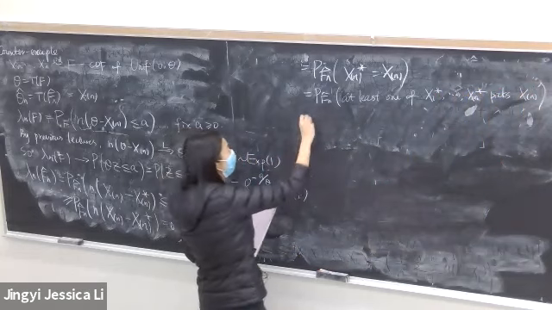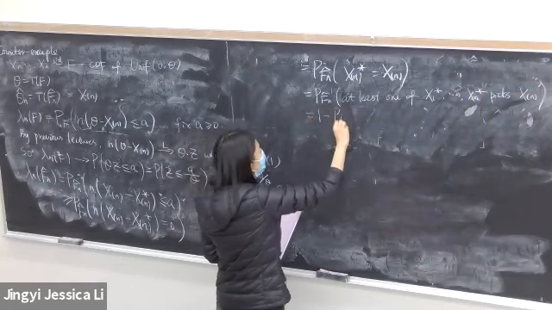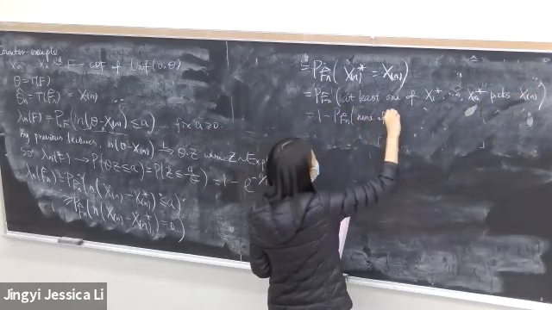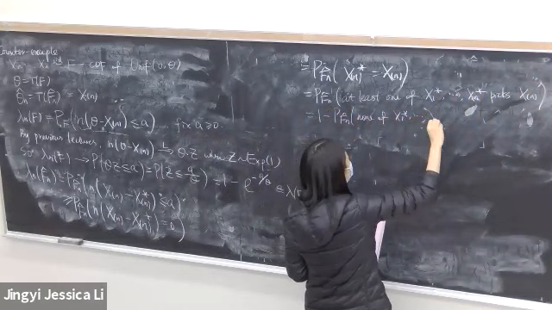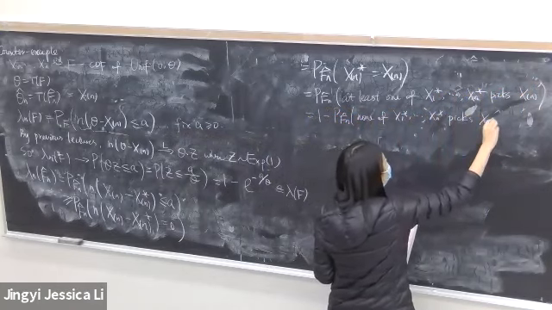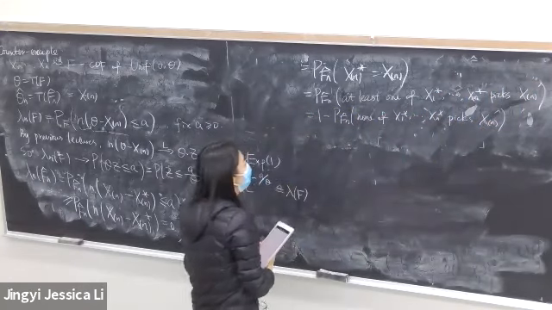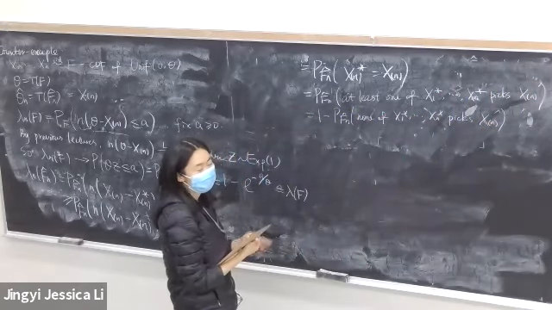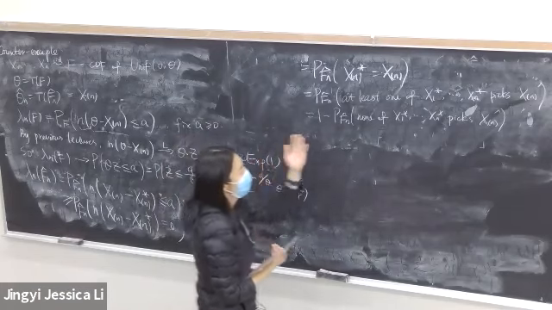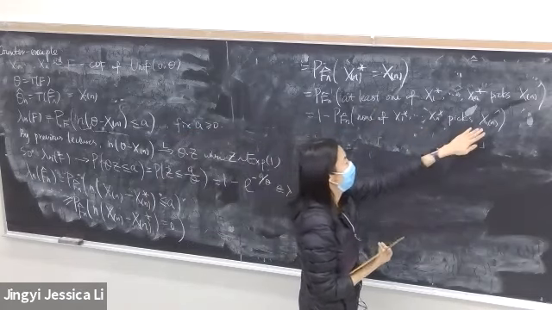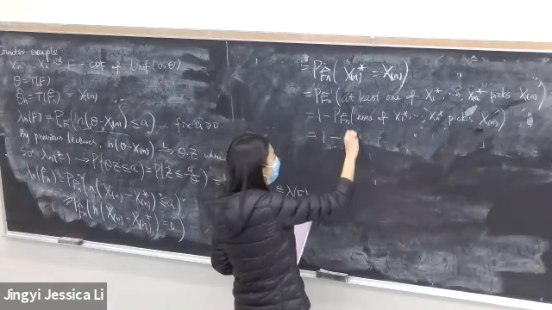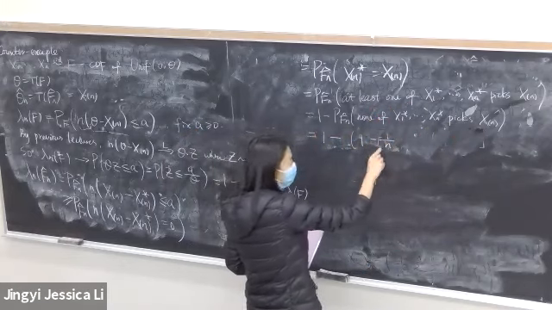And then we know it's equal to 1 minus the probability that none of X1 star to Xn star takes Xn. When none of them takes this, it means that they can only pick from X1 to Xn other than the maximum. So then that probability is 1 minus 1 over n.